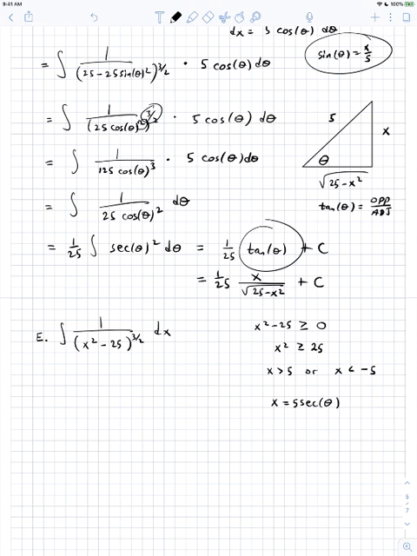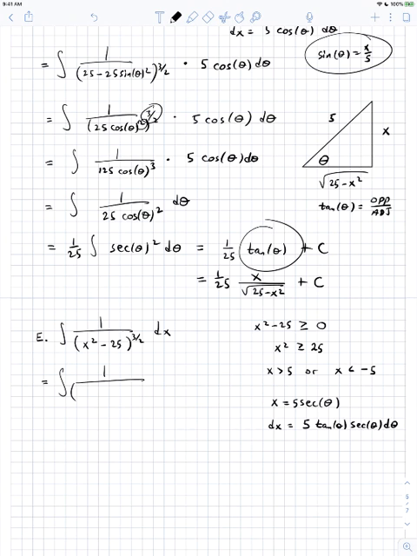All right, well, if x is 5 secant theta, then dx is equal to 5, and the derivative of secant is tangent times secant. And then we have a d theta at the end. And so if you plug all of this stuff in, you're going to have the integral of 1 over, and again, it's going to be raised to the 3/2 power, but it's now x is equal to 5 secant.